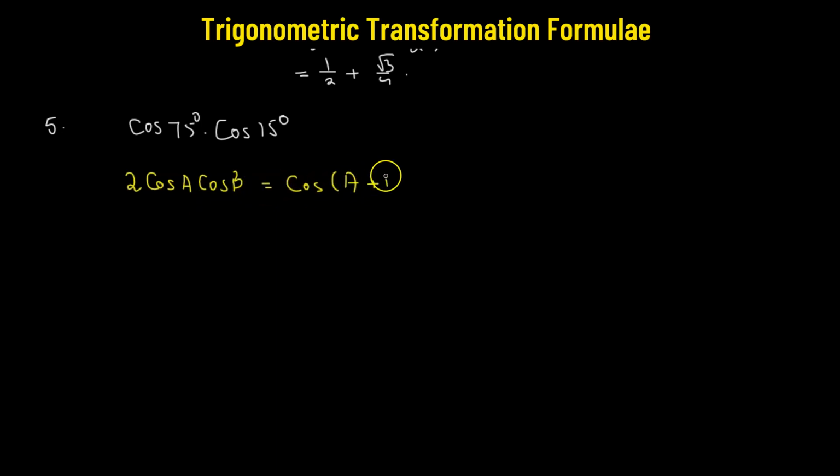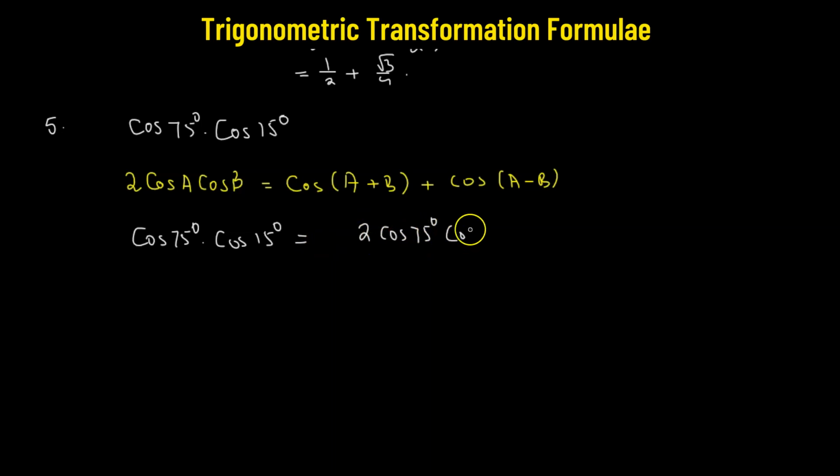So we have cosine of A plus B added to cosine of A minus B. Now in our case the 2 is missing, so for cosine of 75 degrees times cosine of 15 degrees, we will multiply by 2. So we have 2 times cosine 75 degrees times cosine 15 degrees.